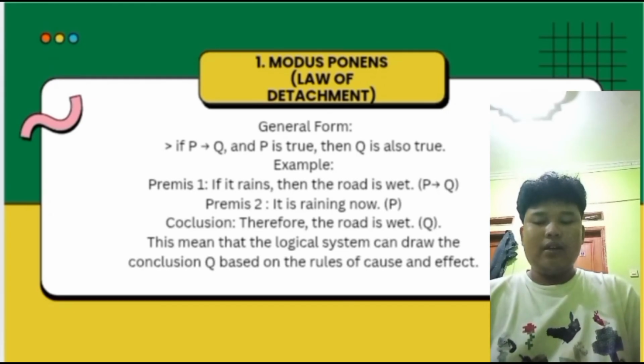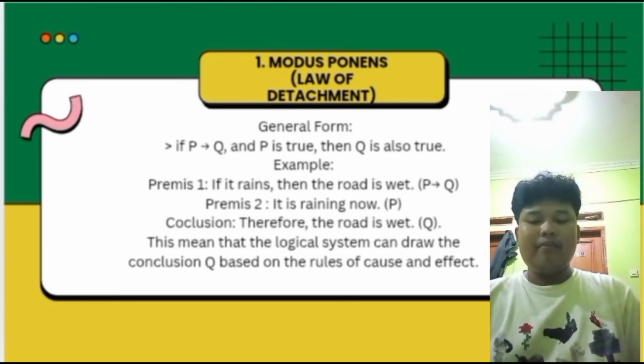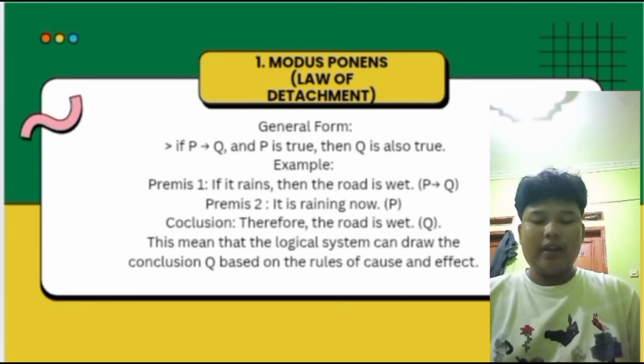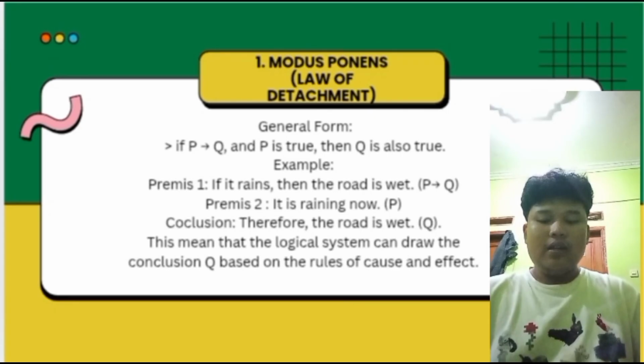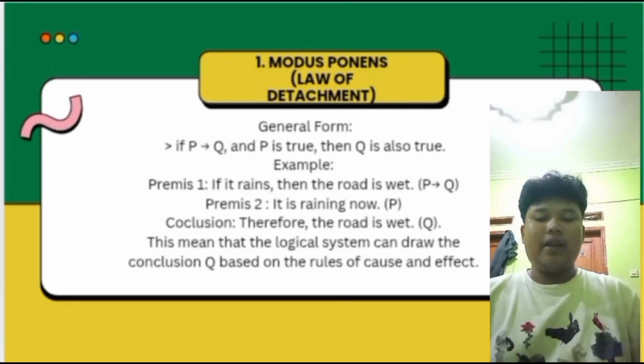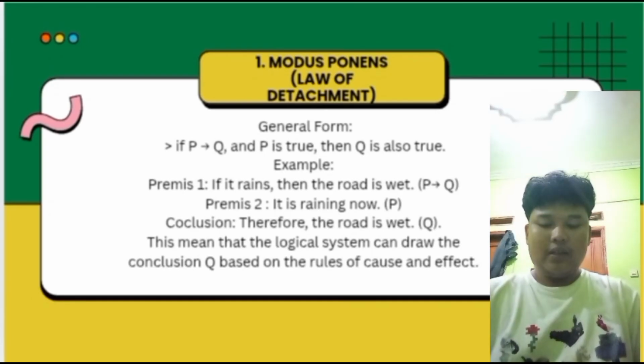Logical explanation: this conclusion can be drawn because there is a cause and effect relationship. Rain causes the road to be wet. The cause, which is rain, is happening. Therefore, the effect, which is Q, the road being wet, can be considered true.